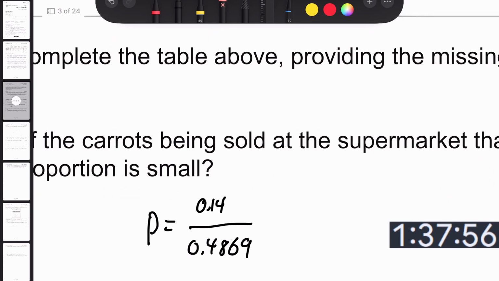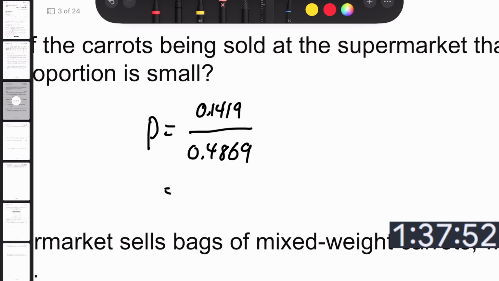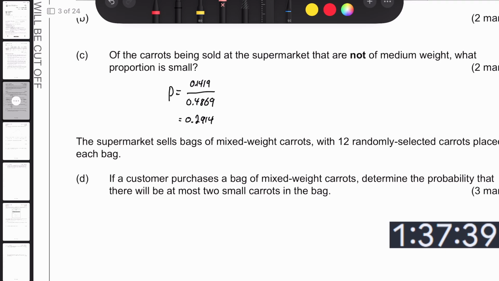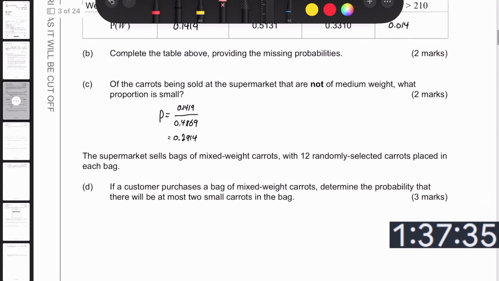So 0.1419 over 0.4869. 0.2914. The supermarket sells bags of mixed weight carrots with 12 randomly selected carrots placed in each bag.